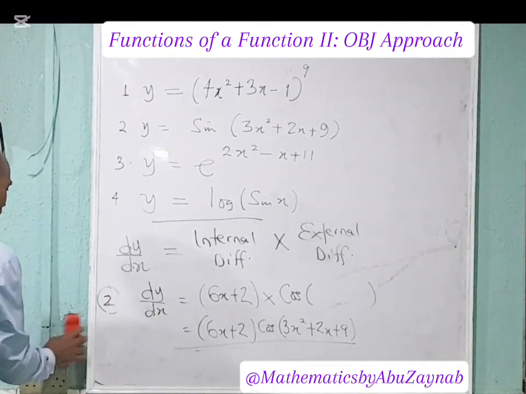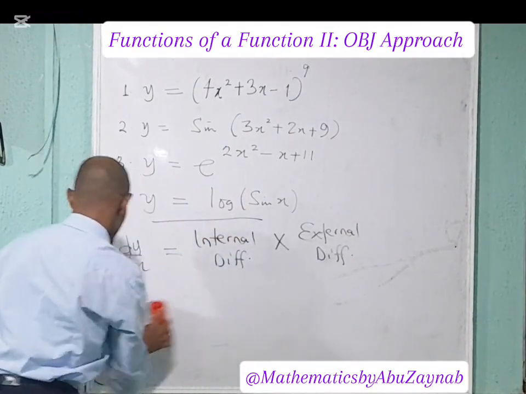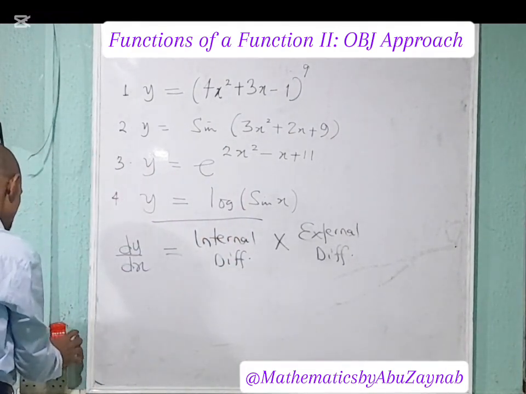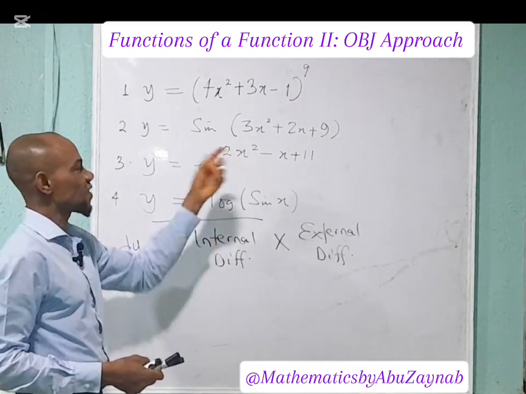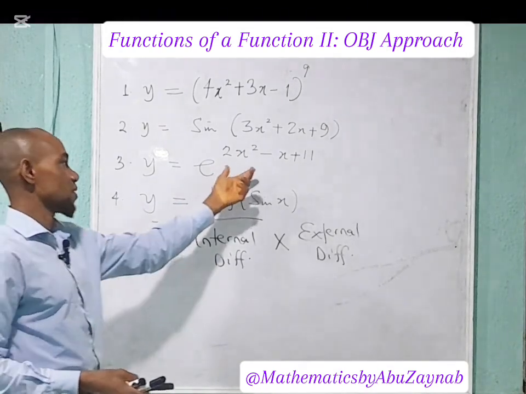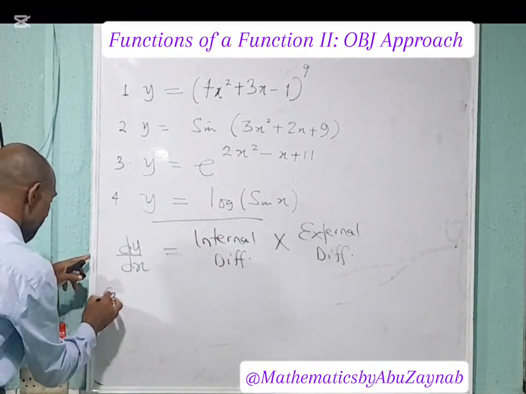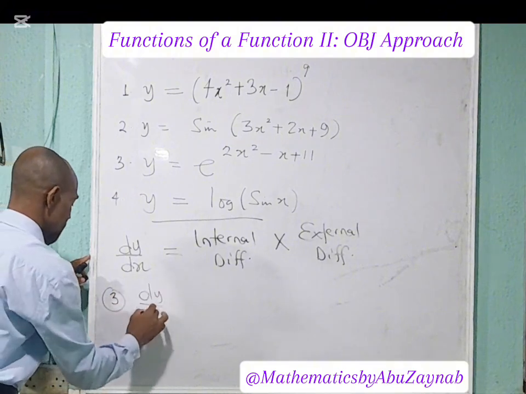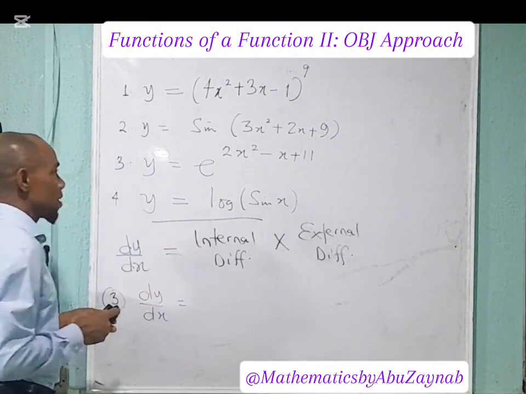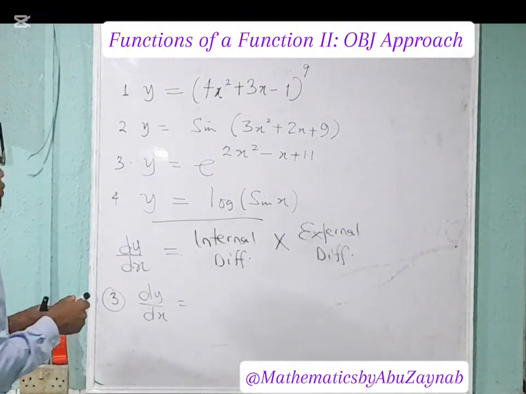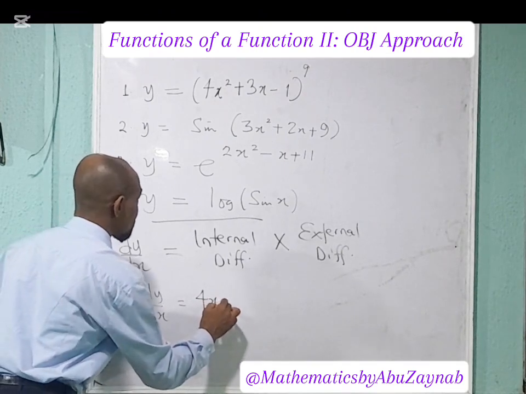Without wasting time, let's go straight to question number 3, which is the exponential. How does exponential play out? For exponential, the power is seen as the content of the bracket. So we differentiate, dy/dx equals, the power being 2x squared minus x plus 11. When we differentiate that, we have internal, that's 4x minus 1.